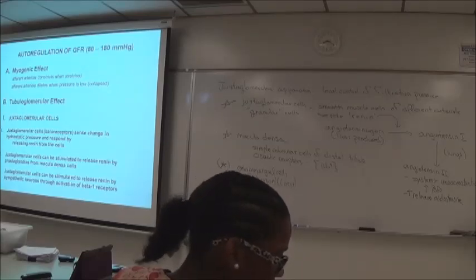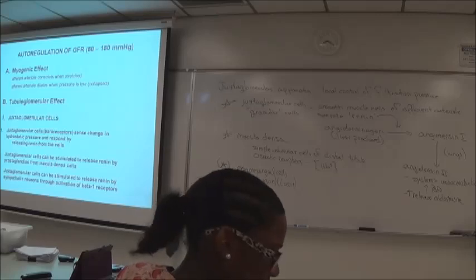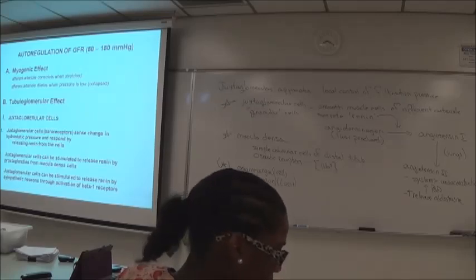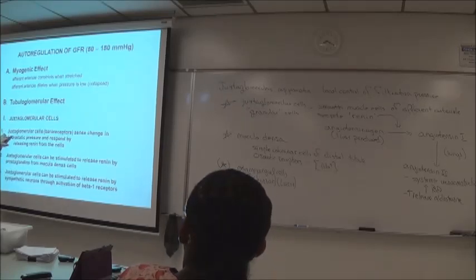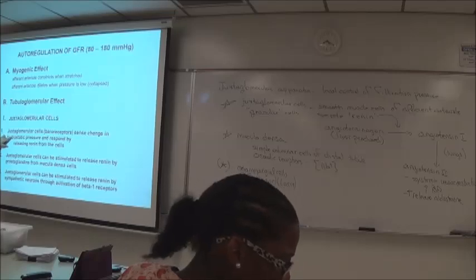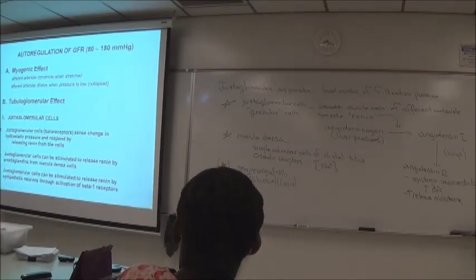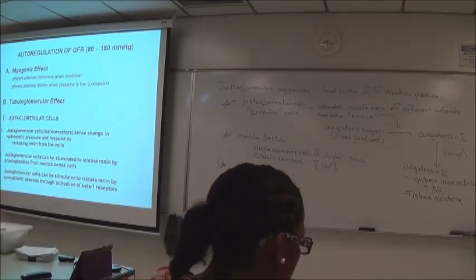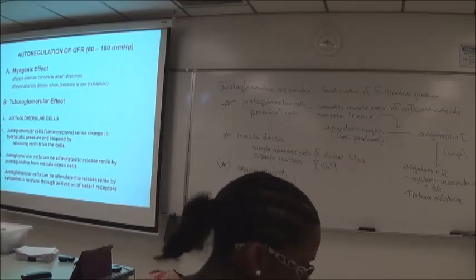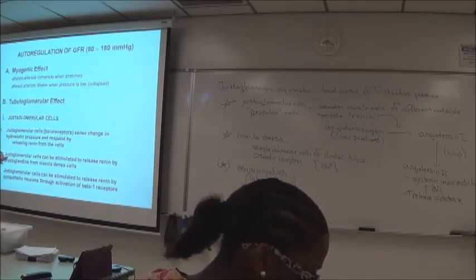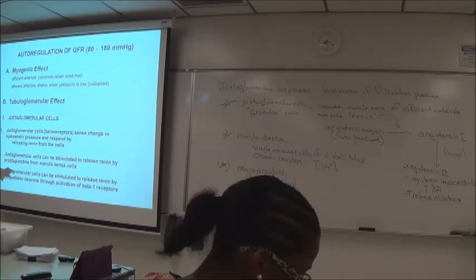Now, with the tubuloglomerular effects that we're talking about here, in addition to changes in pressure, the smooth muscle cells can be stimulated to release renin because of low sodium, right?